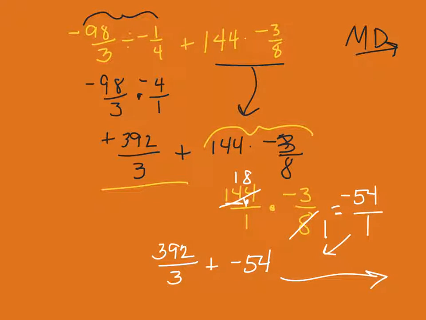So again, I'm going to take this on to my next page. 392 thirds plus negative 54. So I now have to follow my rules. I love eating apples and avocados.